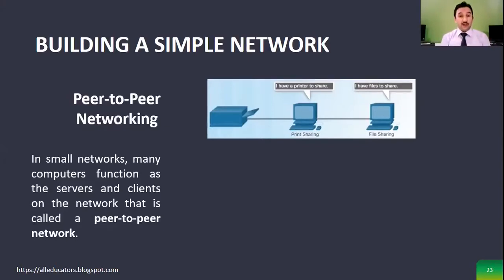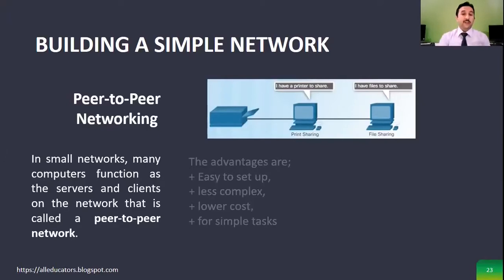The advantages are that it is easy to set up, less complex, and lower cost because network devices and dedicated servers may not be required, and it can be used for simple tasks such as transferring files and sharing printers.